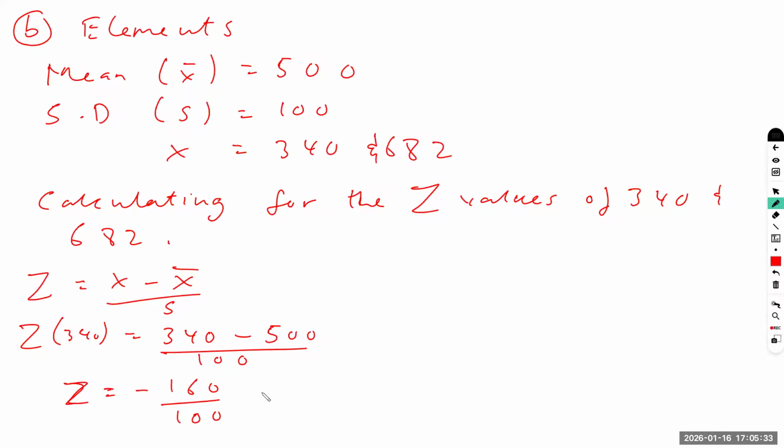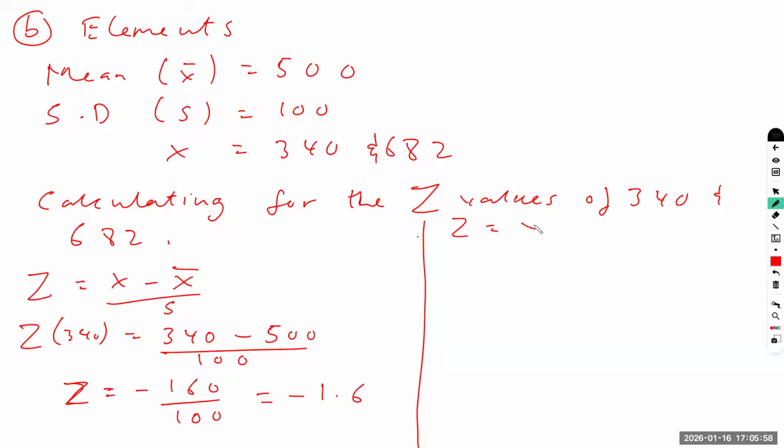Negative 160 divided by 100 gives negative 1.6. I'm not writing the zero because we assume you know it, so there's no need to bring it. So Z is negative 1.6.